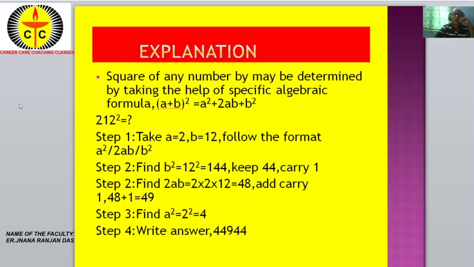I add carry 1, 48 plus 1, that is 49. And find the square of a, that is 2 square, that is 4. Now the square of the number is 44944.